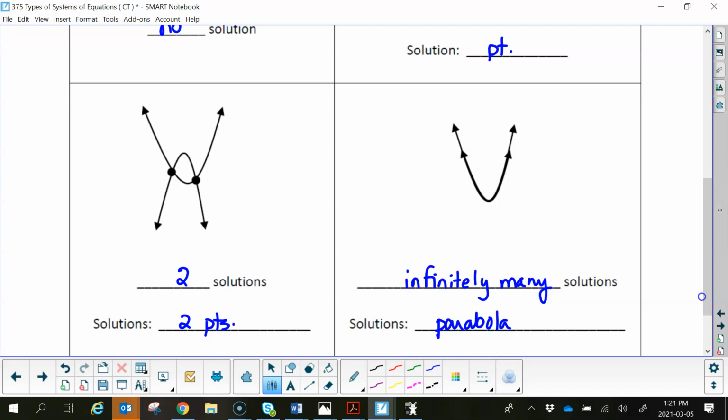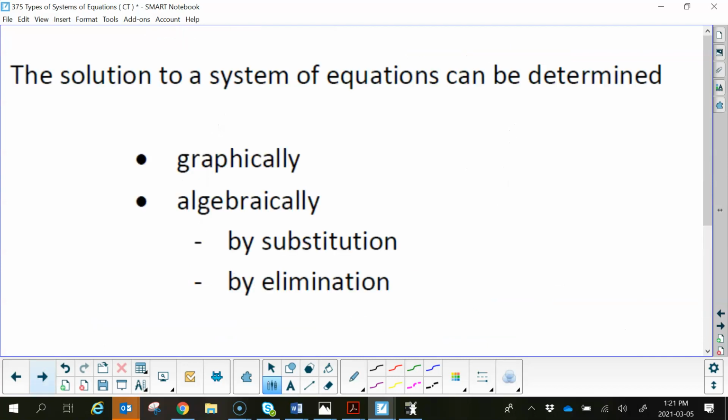When you graph them, you get the same thing. So, I'm going to practice. You can solve them graphically, algebraically, by substitution or elimination, just like back in Math 10.